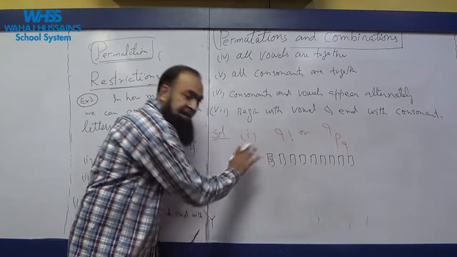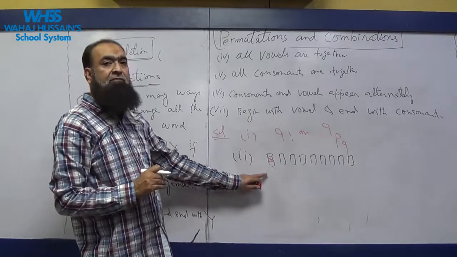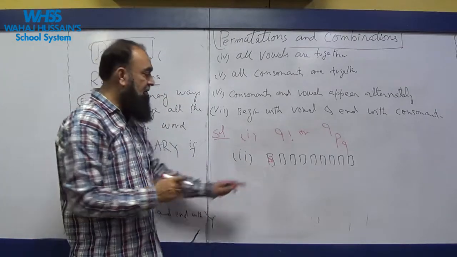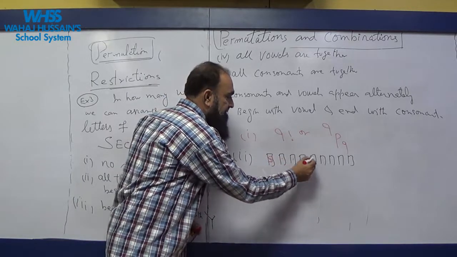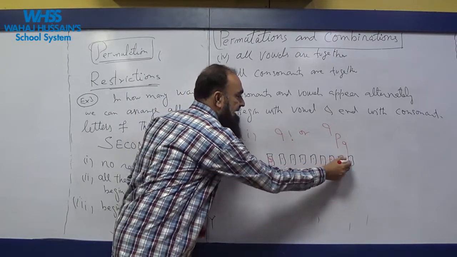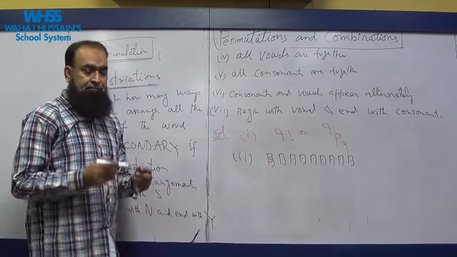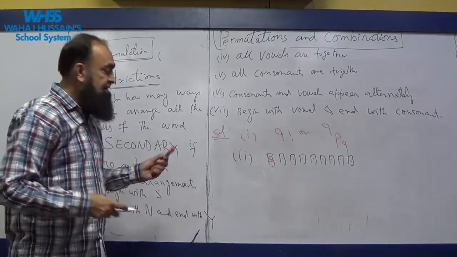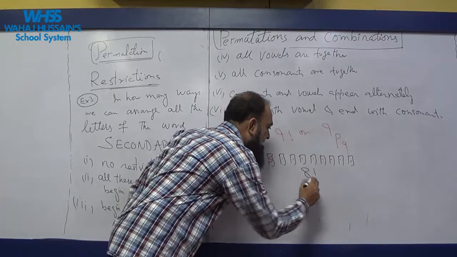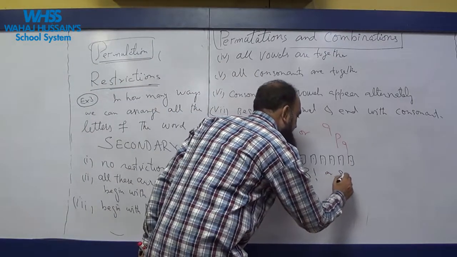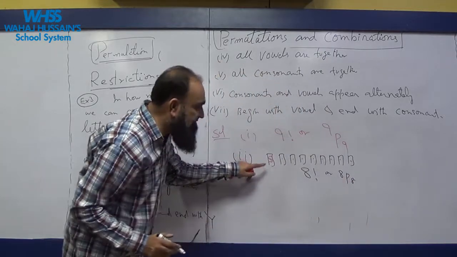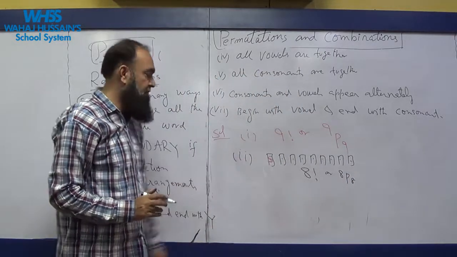So we are just fixing it. We cannot change this S from the first position. So now how many letters can move? 1, 2, 3, 4, 5, 6, 7, 8. It means 8 letters can move, and the answer is 8 factorial or 8P8, because S is fixed, which cannot move.